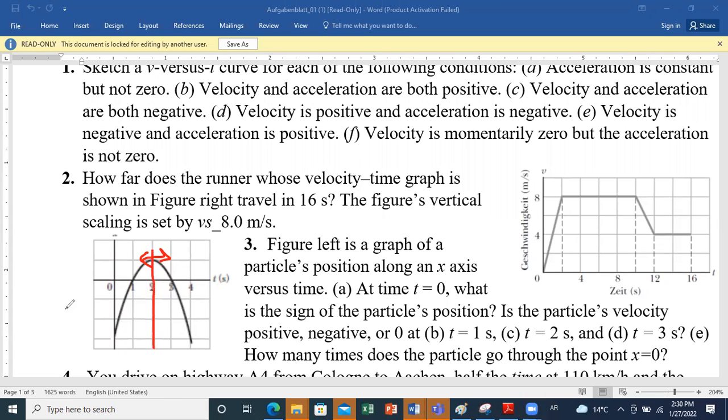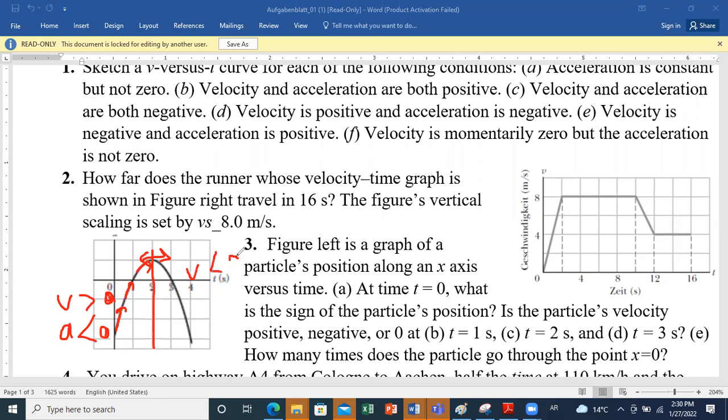In the first zone V was positive and A negative, so what is the type of motion in the first part? It is deceleration because V is decreasing in magnitude, while on the other side V will become negative and A is still negative.